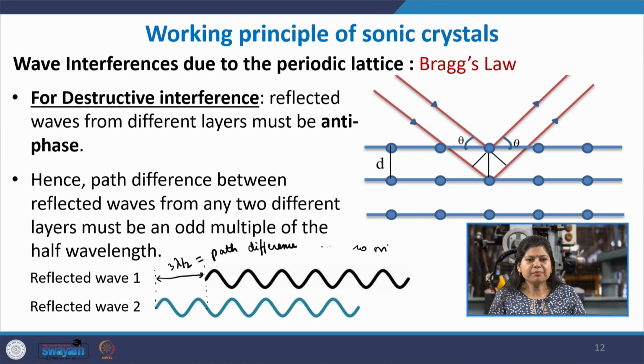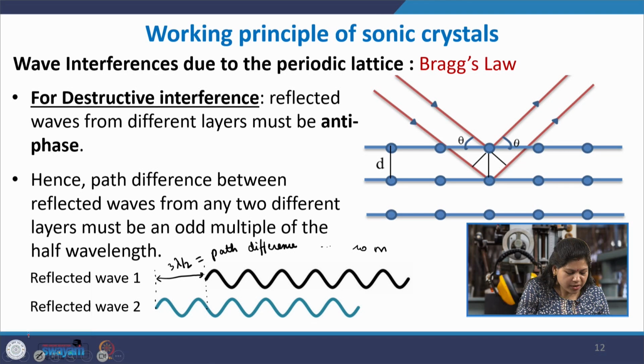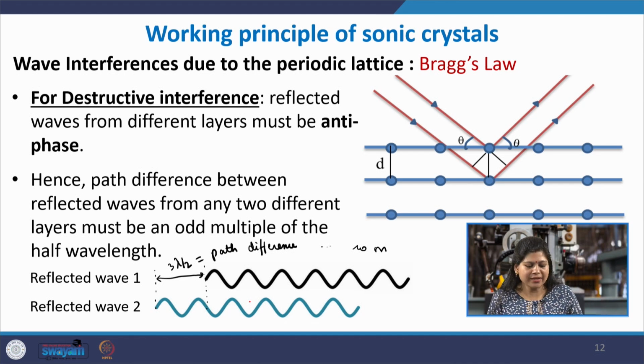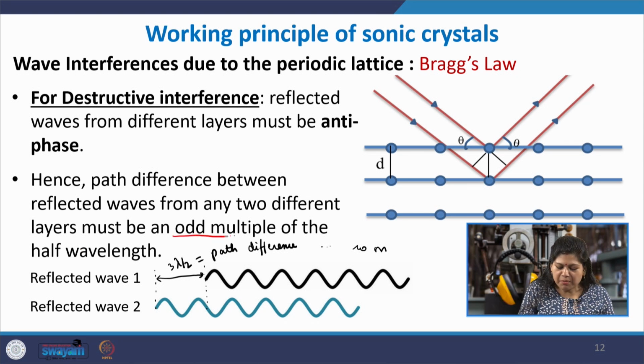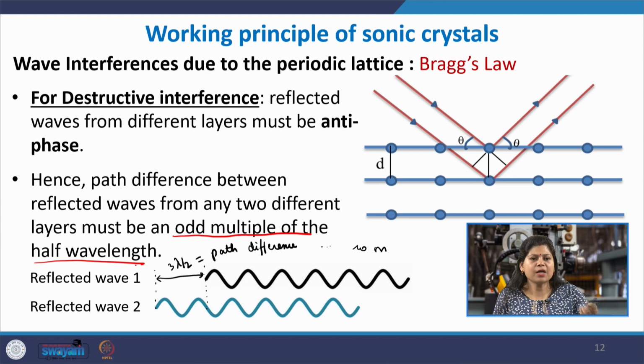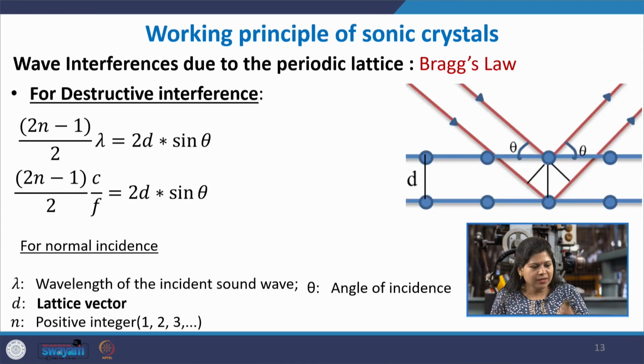So, lambda plus lambda by 2 and then 2 lambda plus lambda by 2, which will be 5 lambda by 2. So, ultimately for a destructive interference, the extra path that the second wave has to travel, so that there is a path difference between the two, has to be an odd multiple of half of the wavelength.